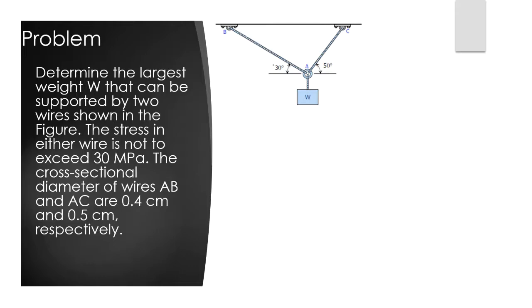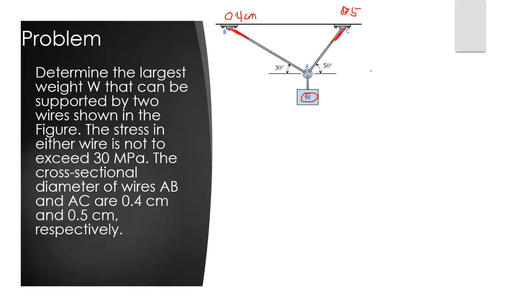So we have here these wires, and the diameter for wire AB is 0.4 centimeter, and the diameter of this wire is 0.5 centimeters. So we are looking for the safest load that can be supported by these two wires. When we say the safest load, that is the smallest load that the two wires can carry.